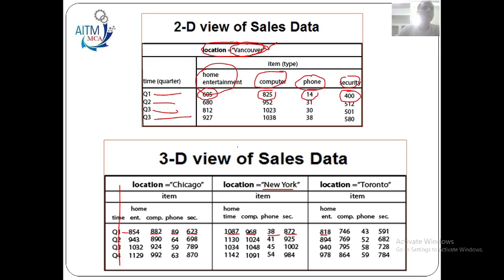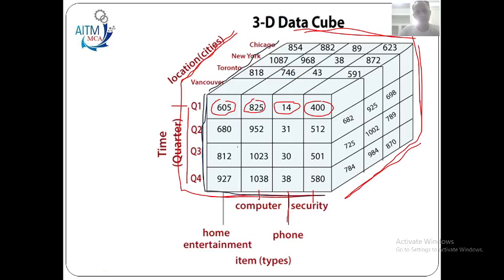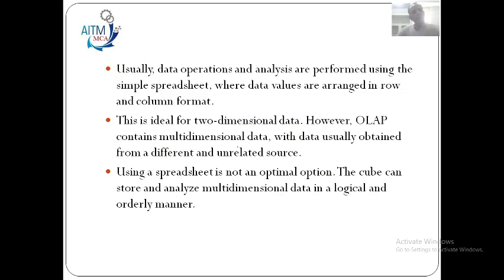The data will be arranged in this fashion. This is ideal for two-dimensional data. When we have only rows and columns, that time it is fine. We can arrange them in rows and columns.